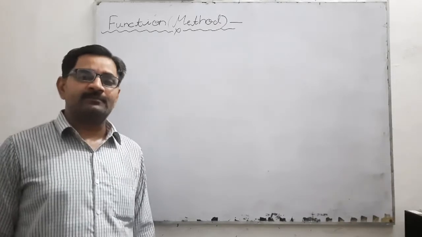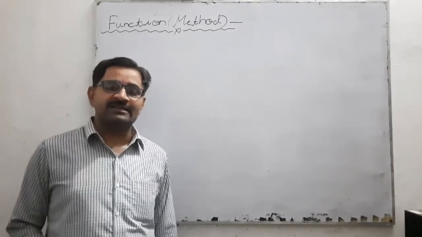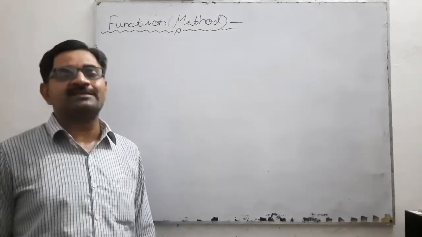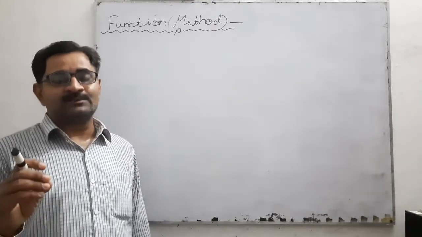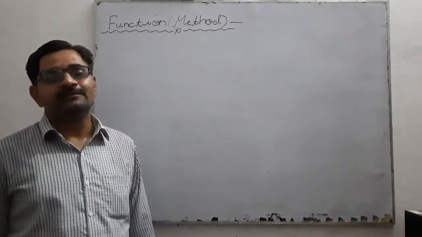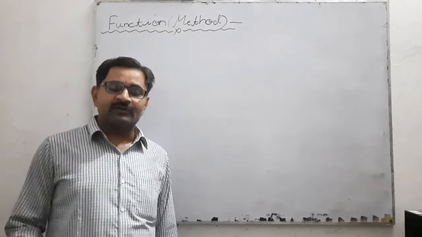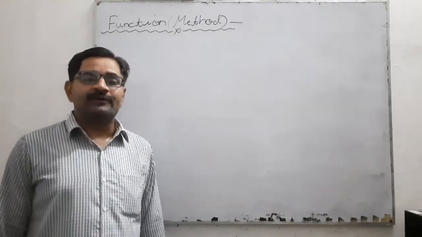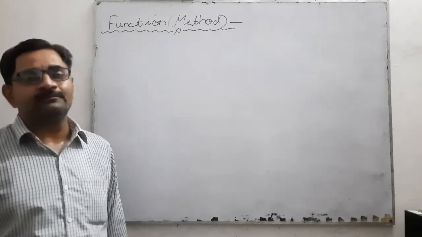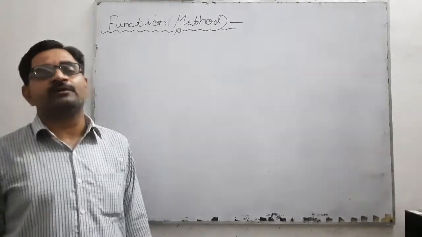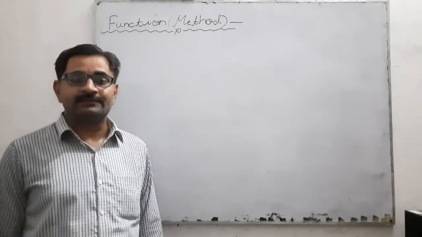When we keep the set of instructions in a small unit, that is called a function. In other words, a function is a self-contained program which is designed to perform a certain task.